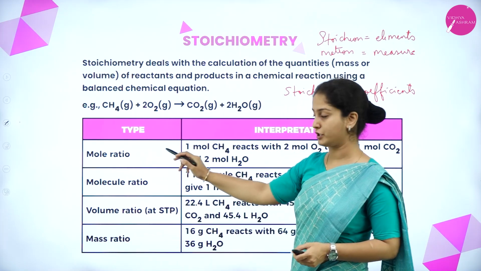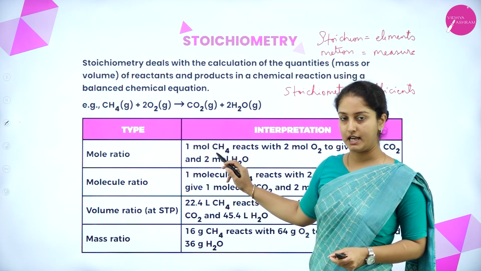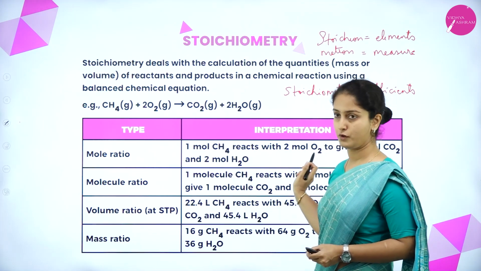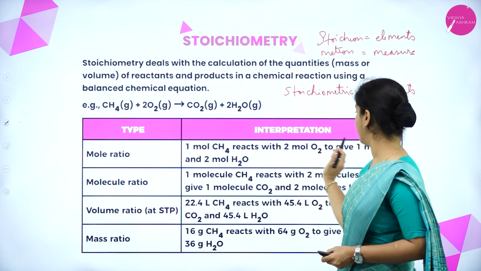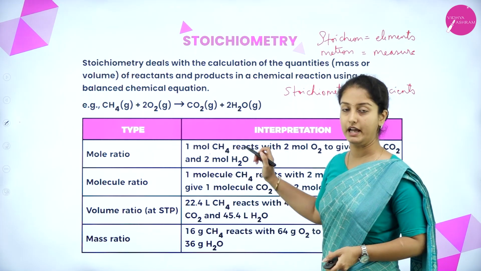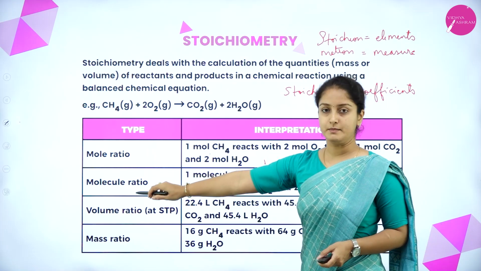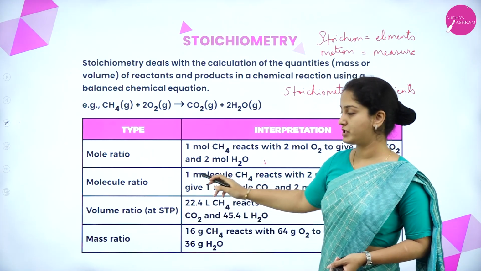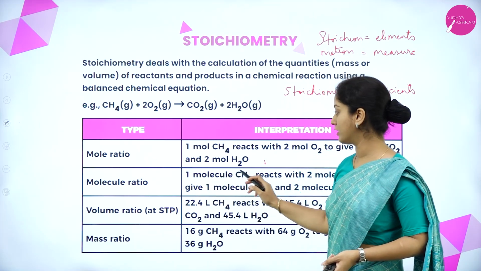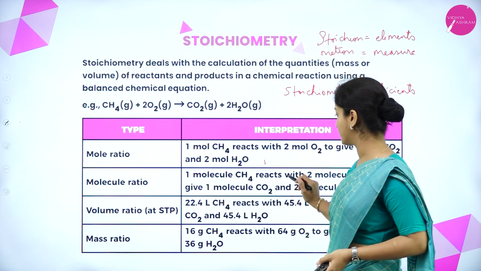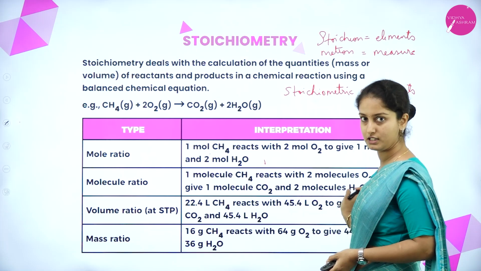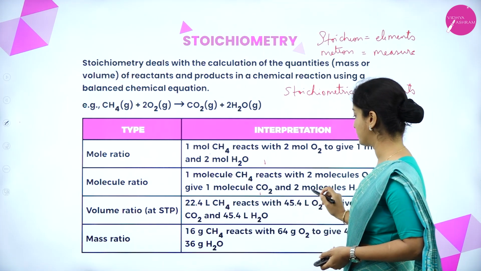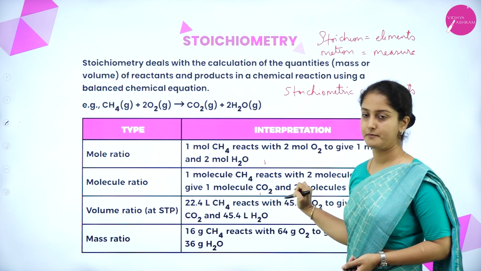In terms of mole ratio, it can be expressed as 1 mole of methane reacts with 2 moles of oxygen to give 1 mole of carbon dioxide and 2 moles of water. Similarly, if it is expressed in terms of molecules, by the coefficients, 1 molecule of methane reacts with 2 molecules of oxygen to give 1 molecule of carbon dioxide and 2 molecules of water.